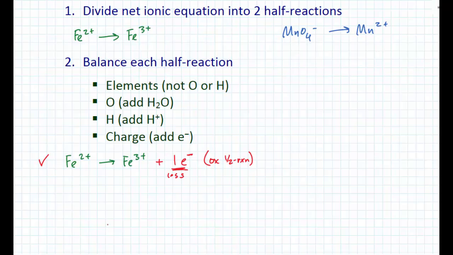We have a little more work to do with the other one, with the reduction half reaction. Okay? So let's go in order. Let's start with elements that are not O or H. I think we are okay on elements that are not O or H. So let's put a little check mark here for elements. That's just regular balancing with coefficients. Okay? To balance O, we add water to one side or another.